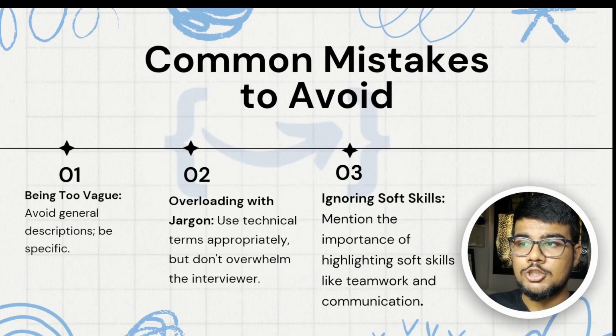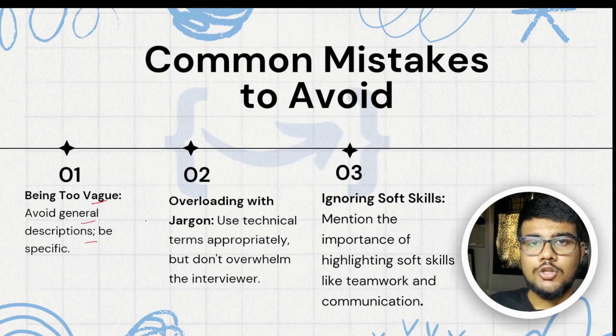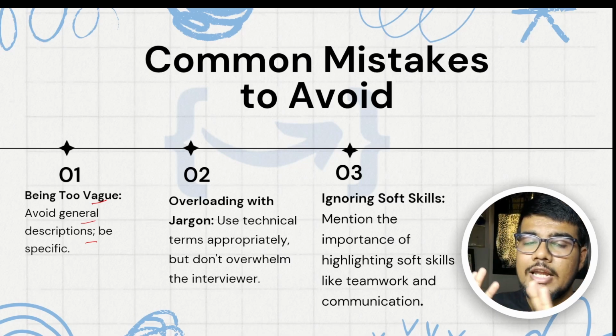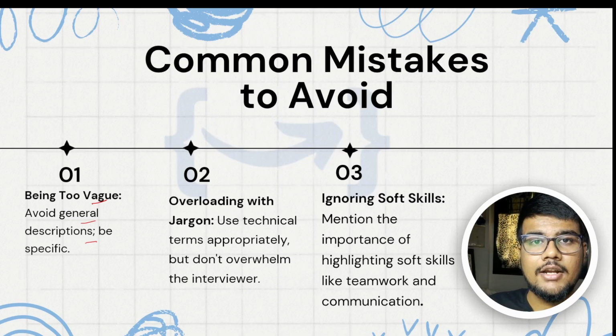Now, common mistakes to avoid. First, being too vague, which means avoid general descriptions, be specific. I saw in one-to-one sessions that people used to speak about something else which is irrelevant to that particular topic. It might be you have not understood the question given by the interviewer.